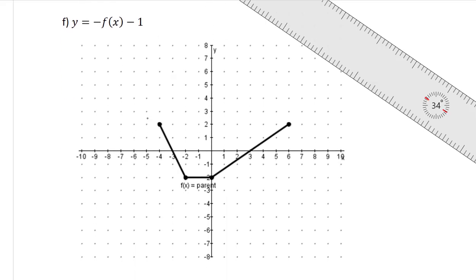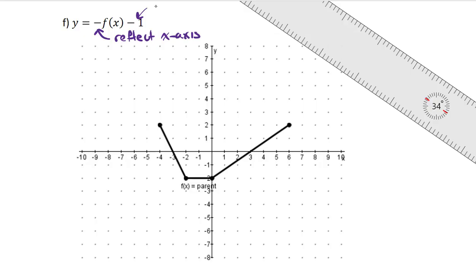Letter F, the function f of x times negative 1. So that means reflect the x-axis and then shift the graph down by 1. So reflect along the x-axis and then down by 1. There's our first point. Reflect along the x-axis and then down by 1. There's our second one. Same thing on the third.